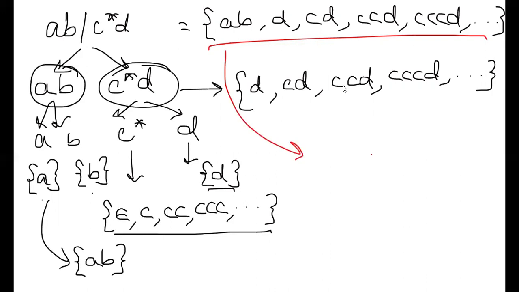We can describe this regular set as a set which either starts with AB or a set starting with A where the last character will be D, and before the D you can have 0 or more C's. So we can describe it with the regular expression, and we can also describe it in a verbose manner. So let's take the third example.